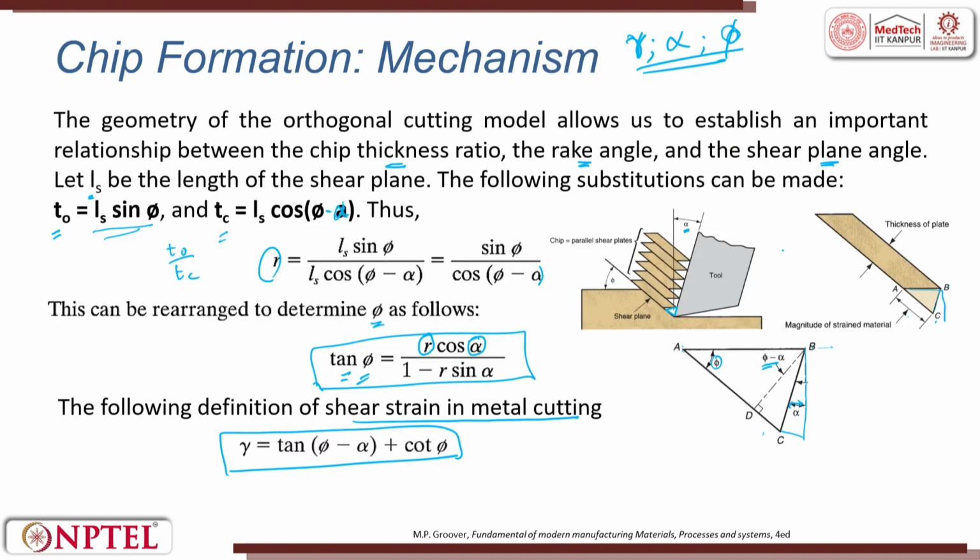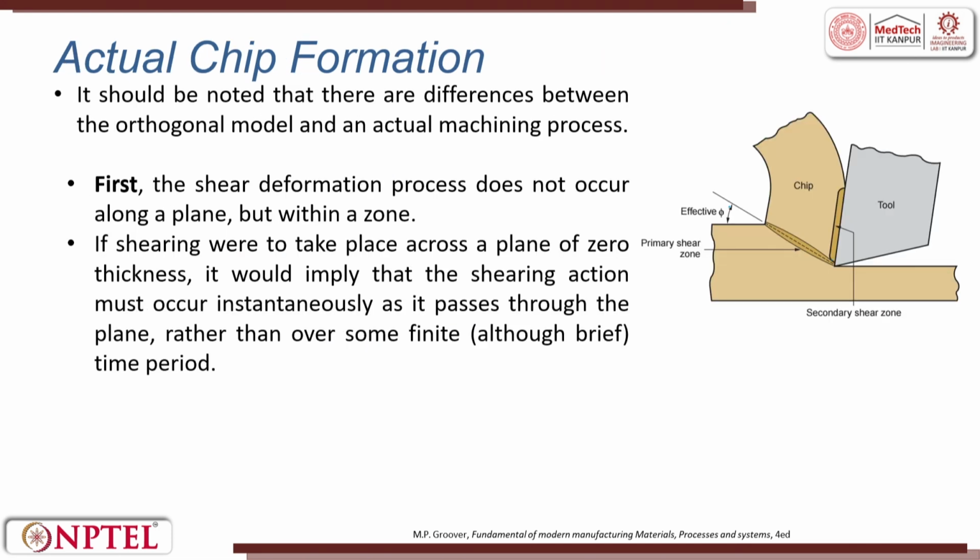In the previous case, just for simplicity, we took it like a plane. For simplification of the model, we took a series of plates, or a series of cards, and these cards are shearing. So we took a card with a thickness. But in reality, it is not going to be a plane. It is going to be a zone.